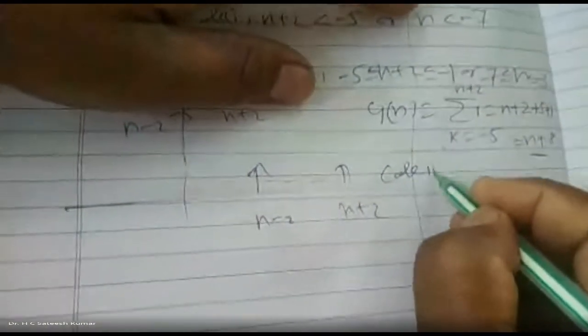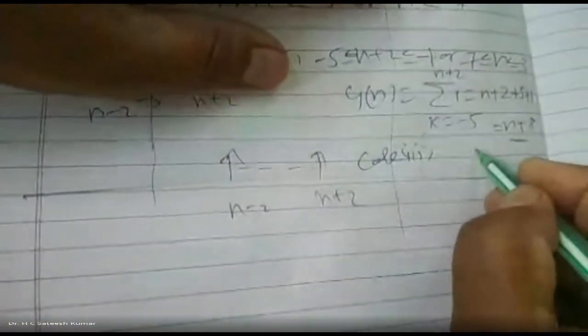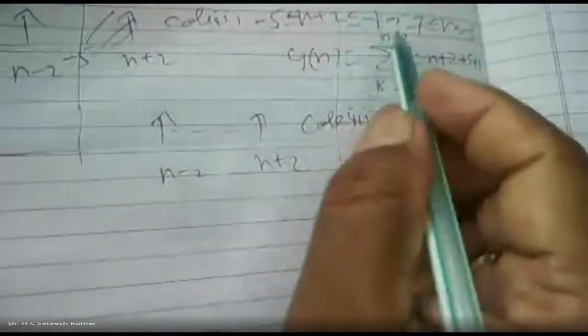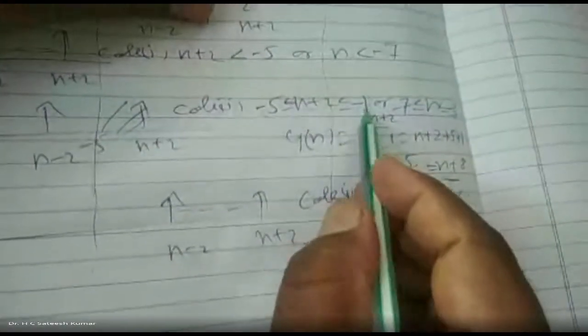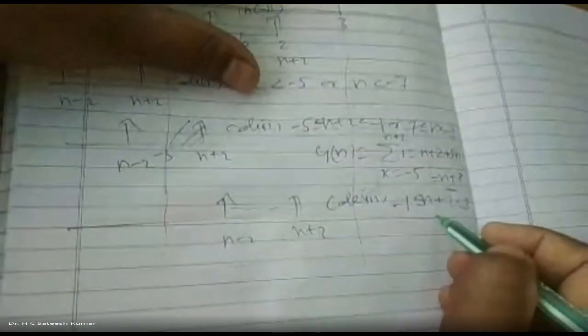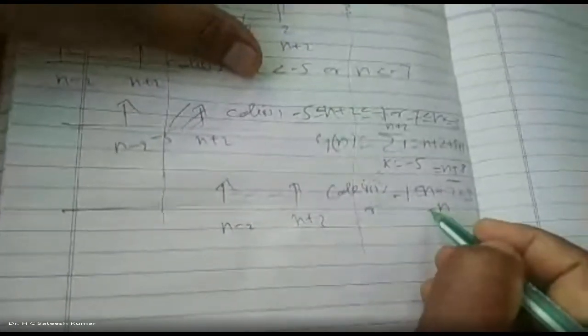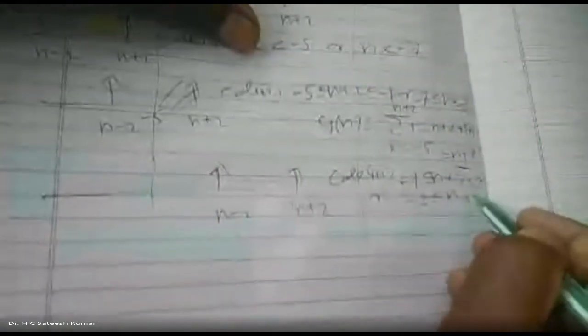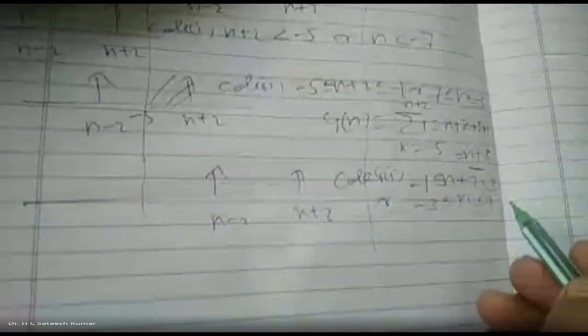Case number 3. Take weightage only. N plus 2 lies between. Already you have moved up to what? N plus 2 you have moved up to -1. So therefore start from -1. -1 to 3. Or n lies between -3 to 1. So therefore what will I get?